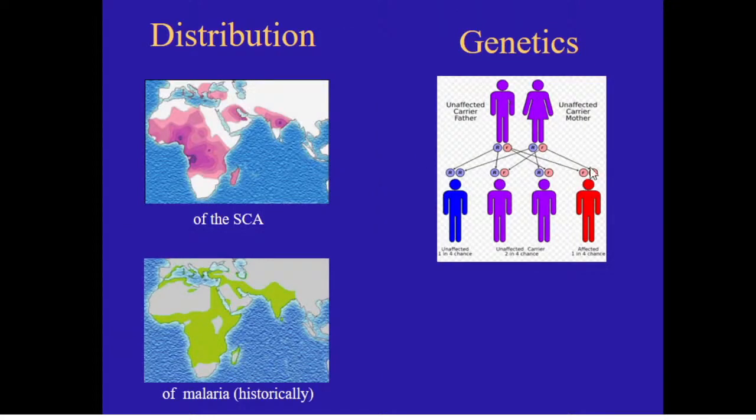It's a recessive gene, so if both parents are heterozygotes, in 25% of cases they can have a son or daughter with this disease. And the distribution of sickle cell anemia is very similar to the historical distribution of malaria. And this explains why this mutation is kept in the population, the Mediterranean population, and some African areas.